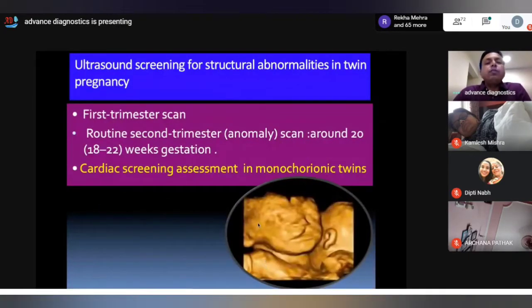So when we are looking for structural abnormalities in twins, we will first do the NT-NB scan and the routine second trimester scan. But we should also add fetal echo in the form of cardiac screening assessment in the monochorionic twins, because we know that the chances of cardiac defects are more in the monochorionic twins.